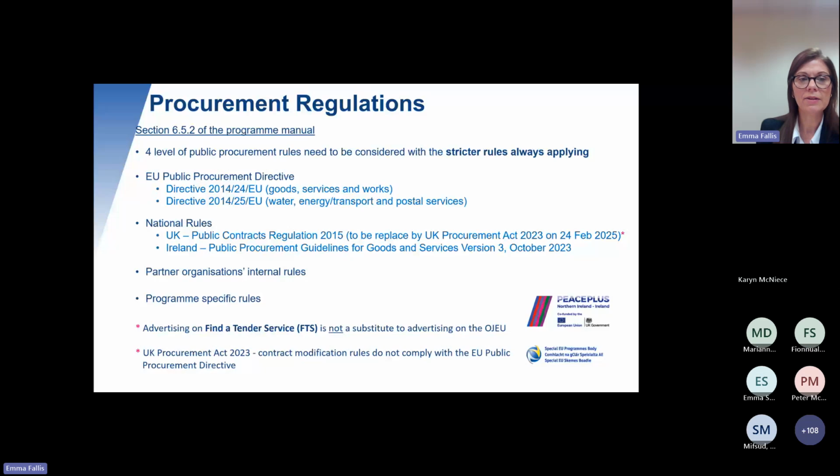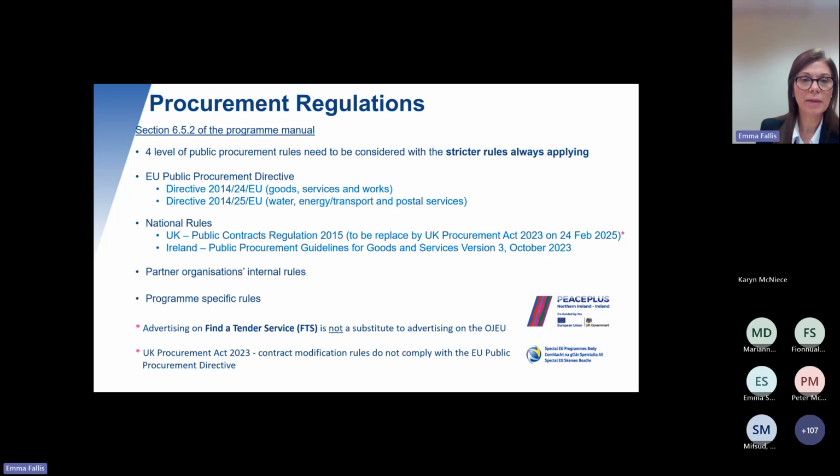In the UK, the national rules, the Public Contracts Regulations 2015, replicated the EU Public Procurement Directive 2014/24. But as a result of the UK leaving the European Union, the Public Contracts Regulations will be replaced by the UK Procurement Act 2023 in February 2025.